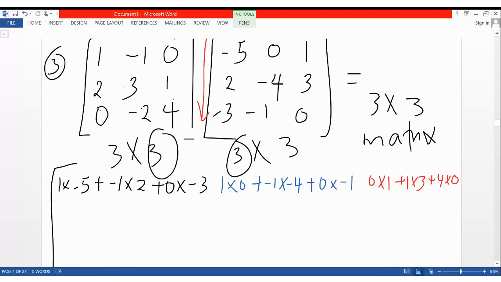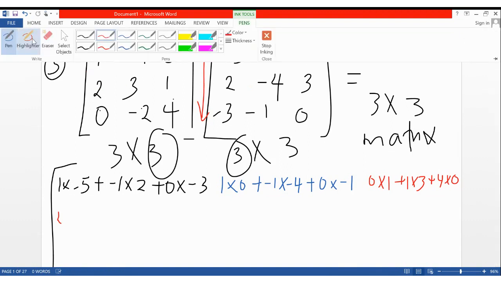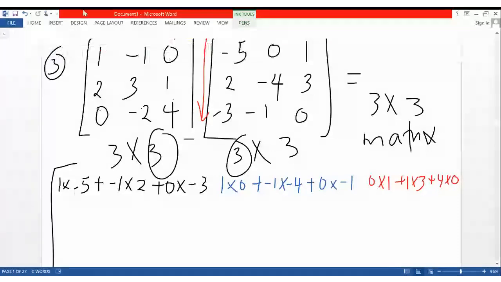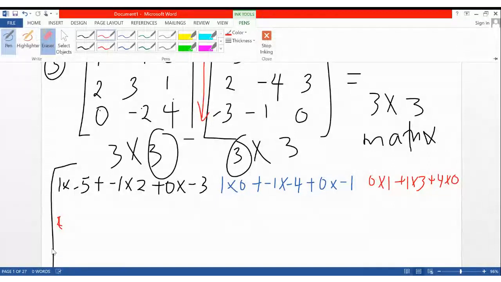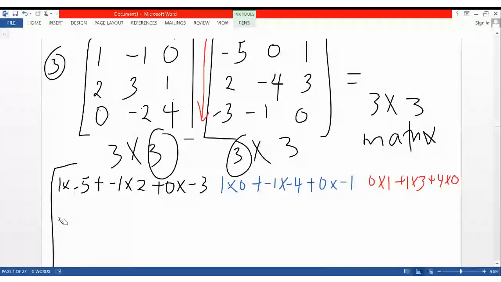So 2, my 2 is not coming out clearly. 2 times negative 5 plus 3 times 2 plus 1 times negative 3.